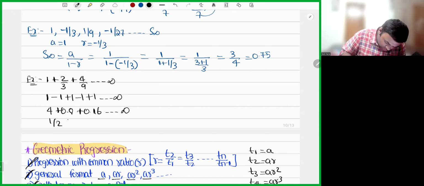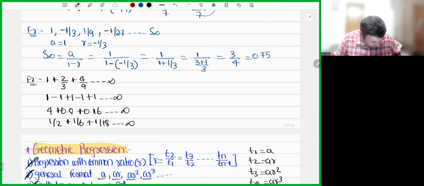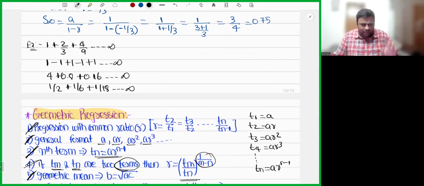Next, 1 by 2 plus 1 by 6 plus 1 by 18, and so on till infinity. So these are the four sums. I'll give you exact 3 minutes. Just calculate and tell me the answer.